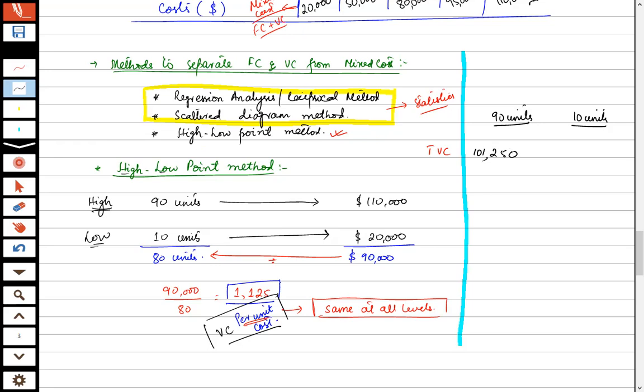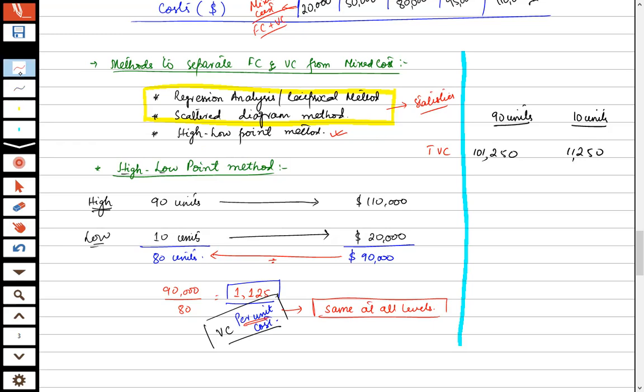Similarly, if I multiply 1125 by 10 units, it will give me the total variable cost of producing 10 units. Then it would be 11,250.